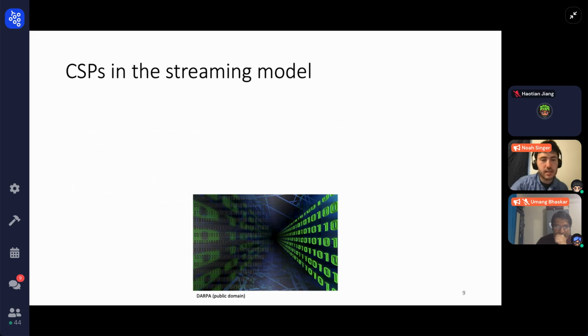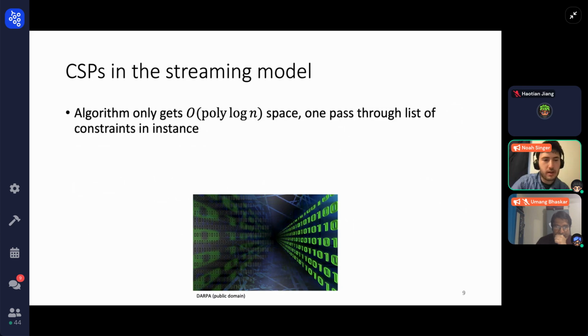So in this work, we consider the approximability of ordering CSPs in the streaming model. In the streaming model, an algorithm only gets polylogarithmic space in the number of variables in an instance of the ordering CSP, and it only gets one pass through the list of constraints in a particular instance of the max OCSP problem.